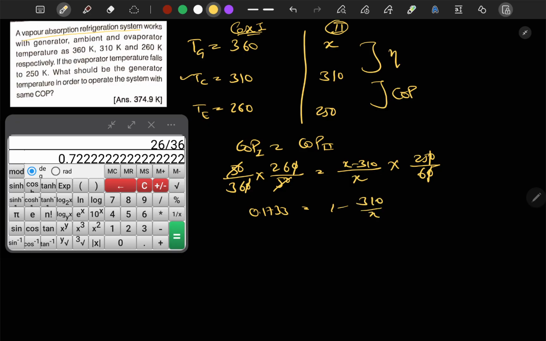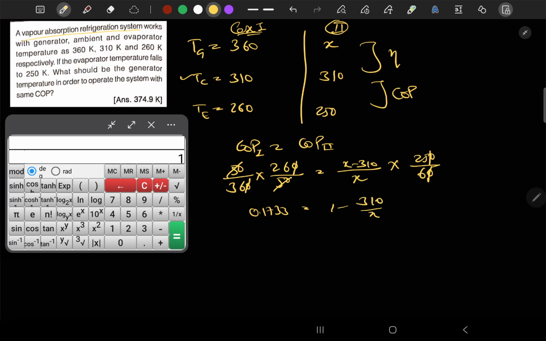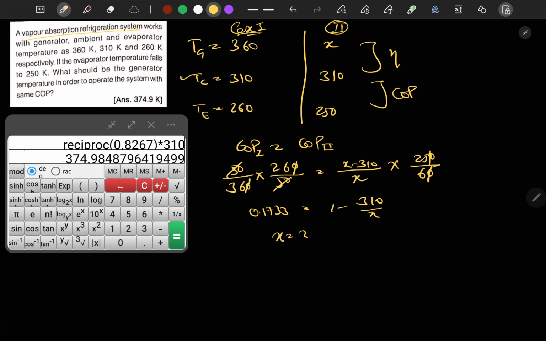So we will get 1 minus 0.1733, then we divide it by 310, so we get x is equal to 374.9 Kelvin. So this is our answer.